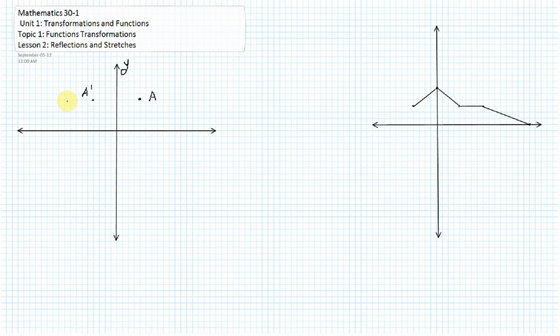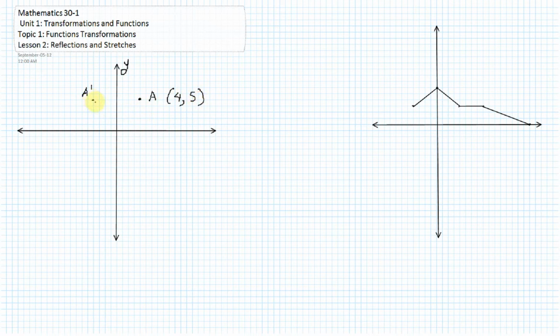And something I didn't mention in the last video is that when we're reflecting about the y-axis, notice that the y value remains the same. So if we look at this point A, we've got an x component of 4 and a y component of 1, 2, 3, 4, 5.